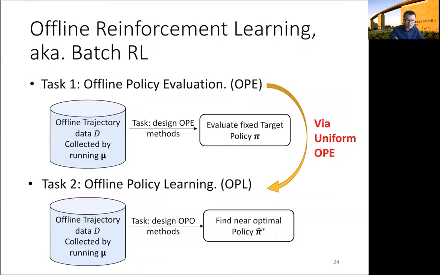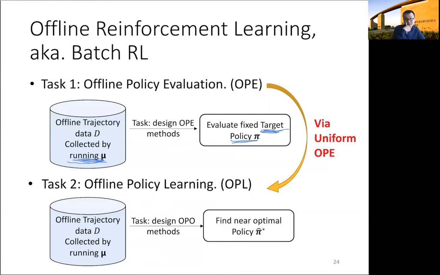In off-policy evaluation, we consider a fixed target policy, and the offline data are collected by running a different policy. That's why it's called off-policy, because pi and mu are different. The evaluation itself is a research topic.